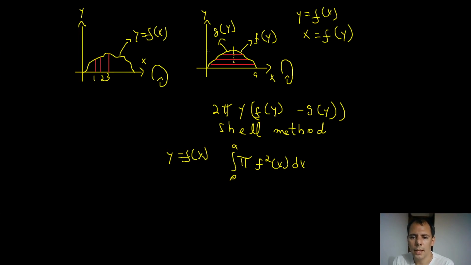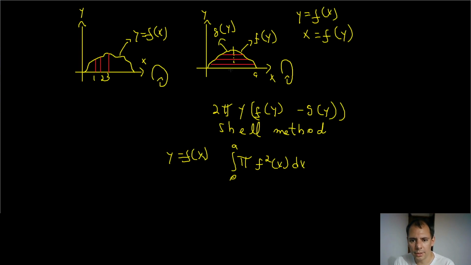Now, there's something else too before I change the axis of revolution. In the disk method, these red bars in here are going to be perpendicular to the axis of revolution. So the axis of revolution here is x, and the bars are perpendicular. This is in the disk method.